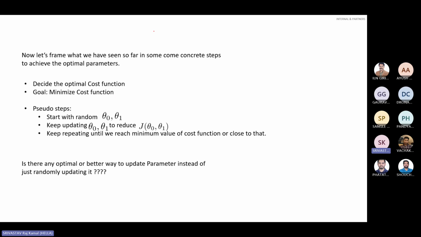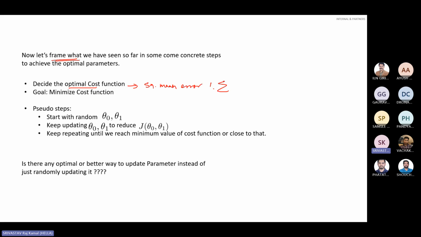So let's formalize our question now. Let's frame our question, and this is how we frame almost all machine learning algorithms. We want to decide some optimal cost function. We already decided that it's going to be the mean squared error.